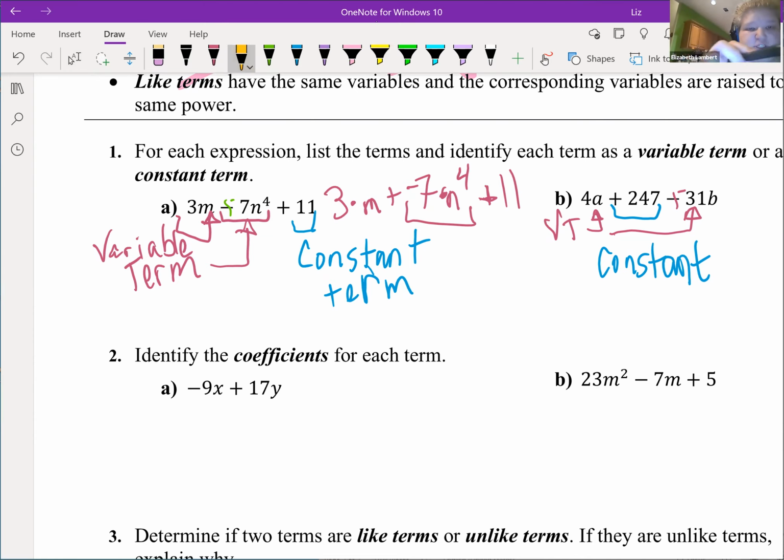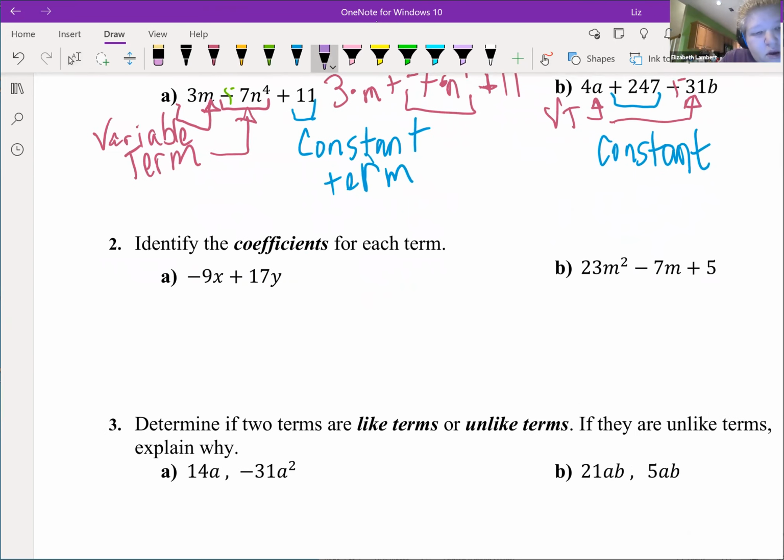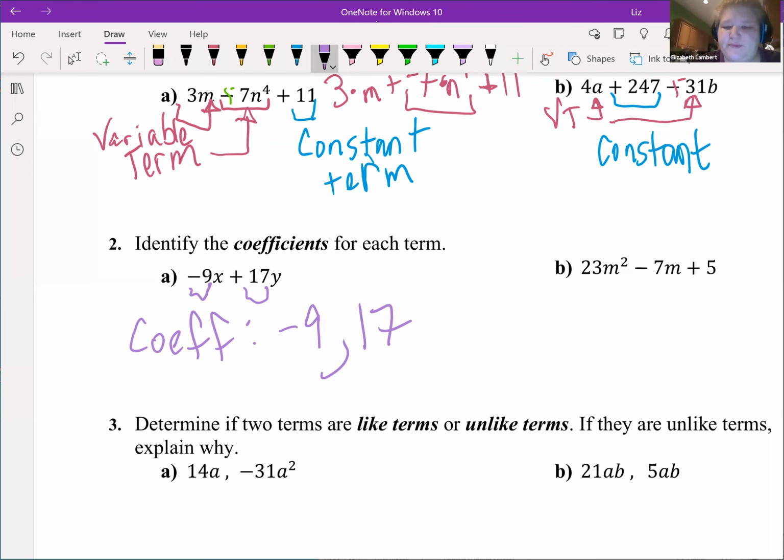So the coefficients, use purple, are negative 9 and positive 17. That coefficient is a ridiculously long word, but negative 9 and then positive 17. We can just write it as a list.